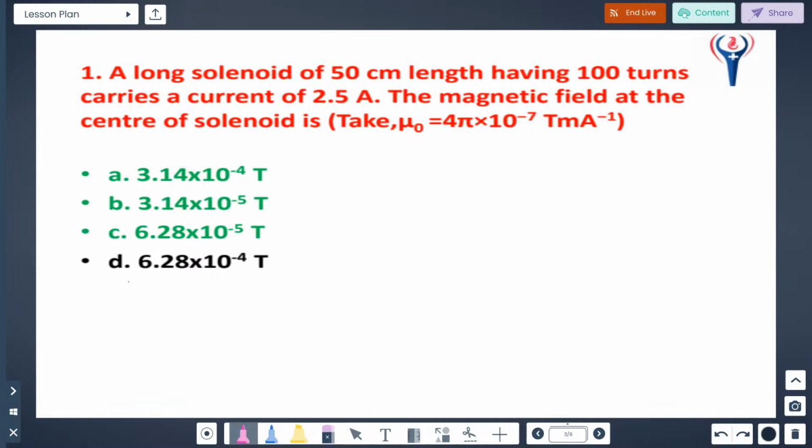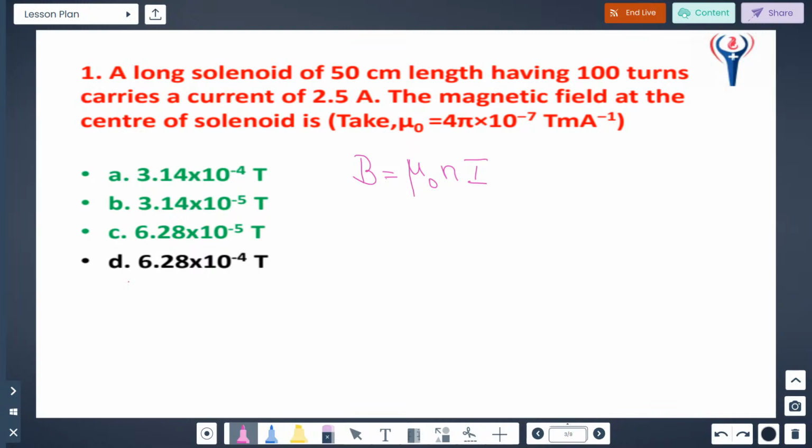Solenoid. For solenoid, what is the formula? Magnetic induction B equal to mu naught N I. This is the formula. Mu naught is the permeability of a free space or vacuum. Value given.